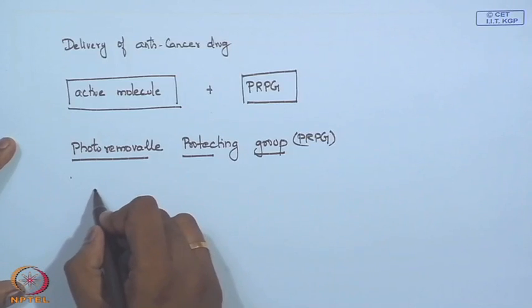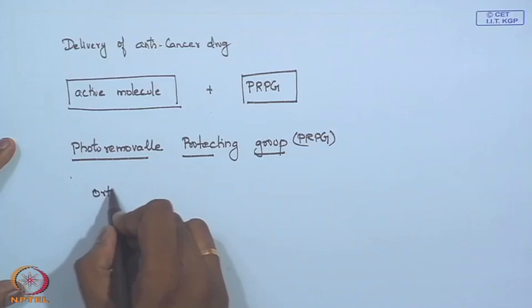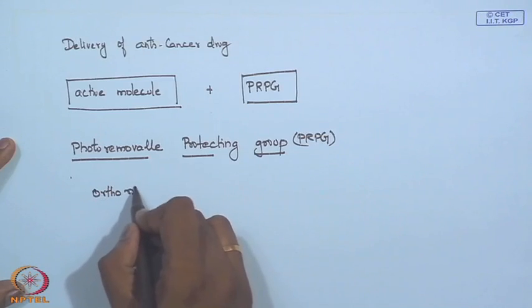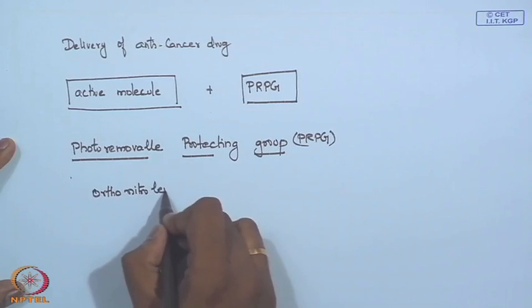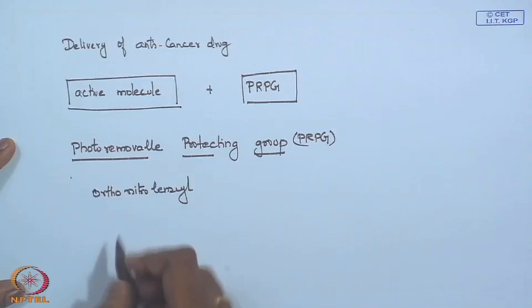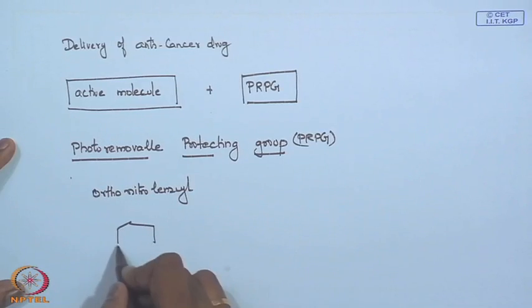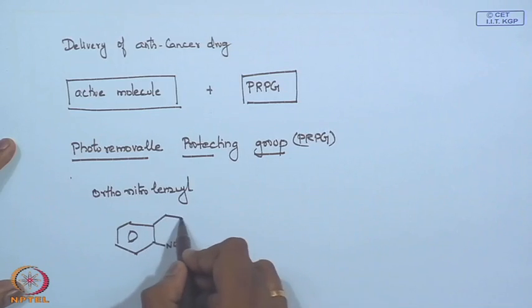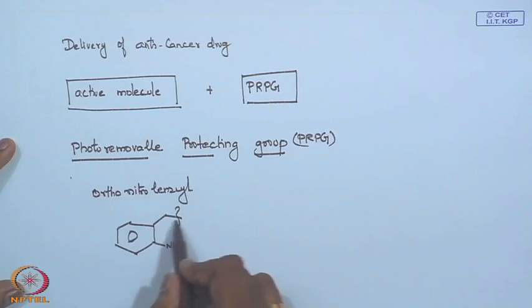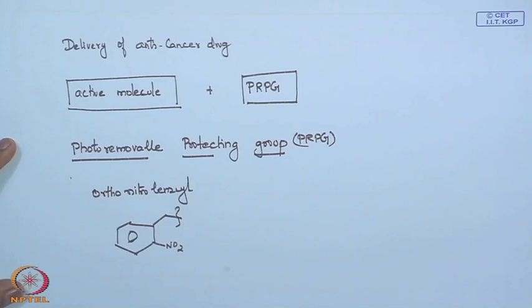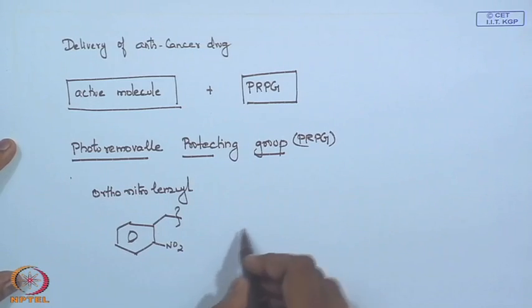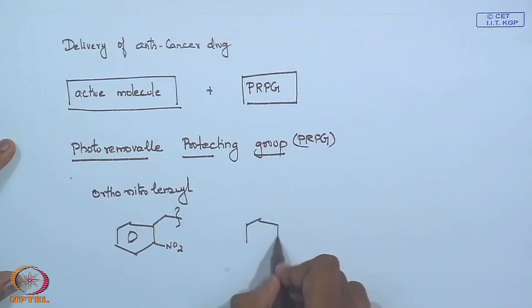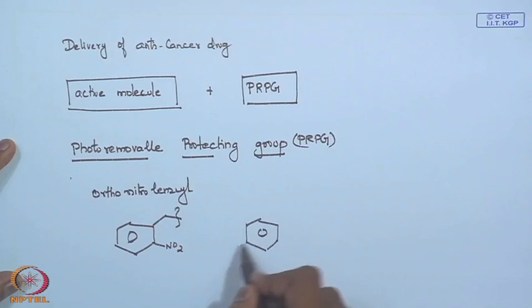You can have an ortho-nitrobenzyl protecting group, which is very commonly used, and then you can have your active molecule here. Orthonitrobenzyl chromophores are very much used. Then para-hydroxyphenyl compounds are used.